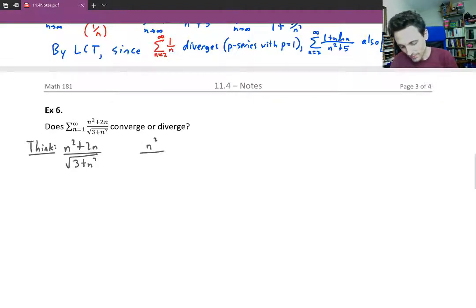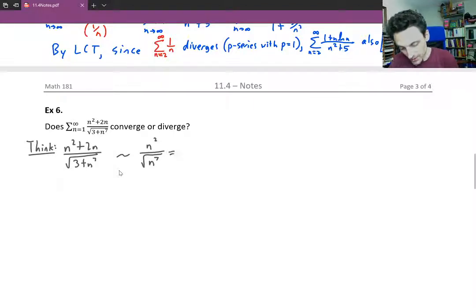The leading term on the bottom, well, it's going to be n to the 7th. Now it's still stuck in the radical, but it's the leading term, at least inside the radical. And these are going to be approximately the same value when n is really large.